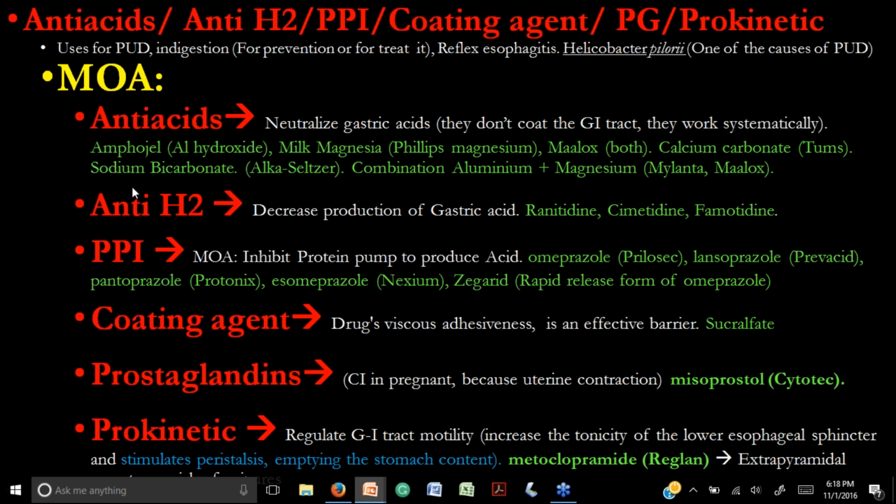All right, so we have anti-H2. David was actually having a mnemonic that he was remarking: "tidine" is anti-H2. So ranitidine, cimetidine, famotidine. The first one that appeared in the market was cimetidine, ranitidine appeared second, and the last one was famotidine. Which one produces more side effects?